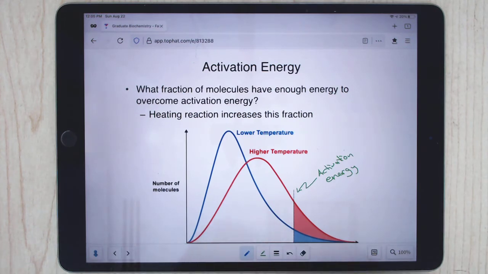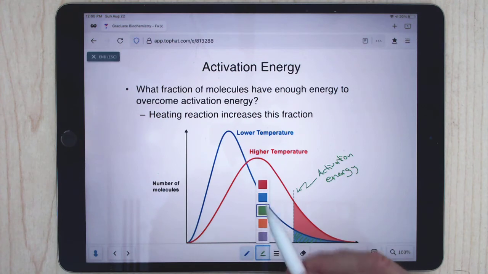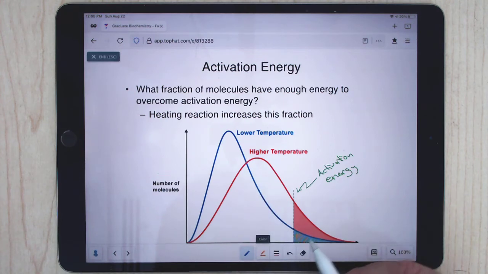So at lower temperatures, there's only a small portion of it down here. Only a small fraction of those. A small fraction of the total molecules will have enough energy to be able to do that, because remember, temperature is just the average kinetic energy of the system.